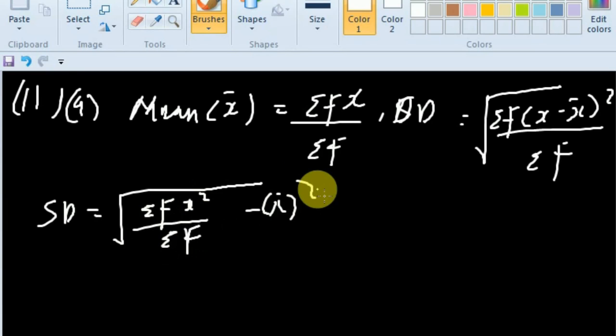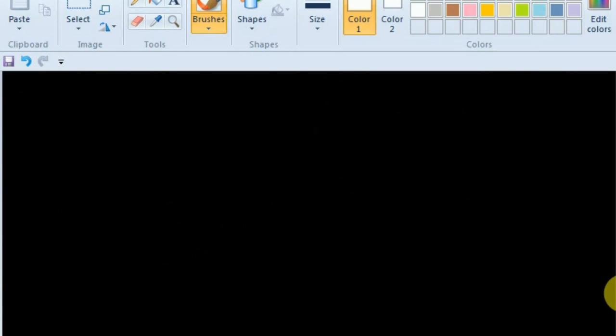So these are the formulas that we use when calculating the standard deviation. And for this question, we are going to use this formula. So let us write up our table.